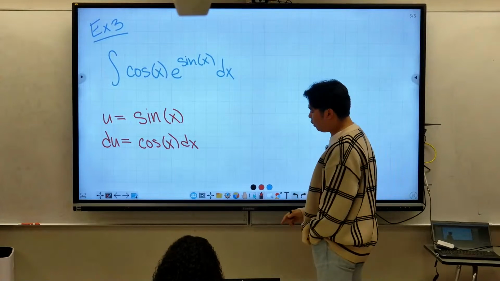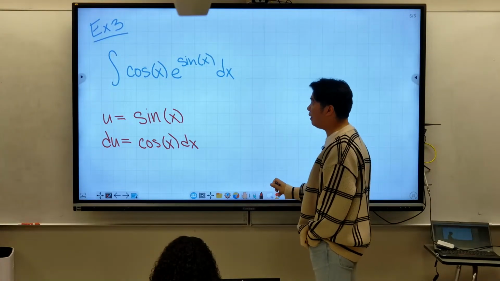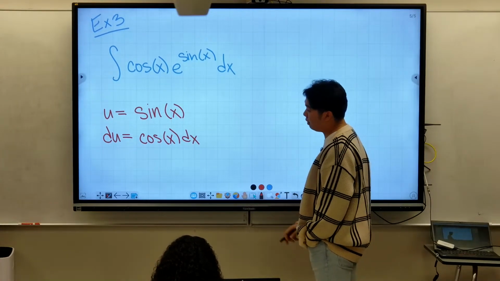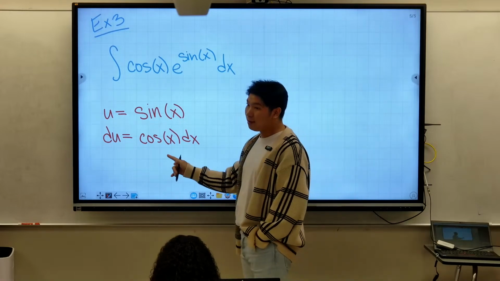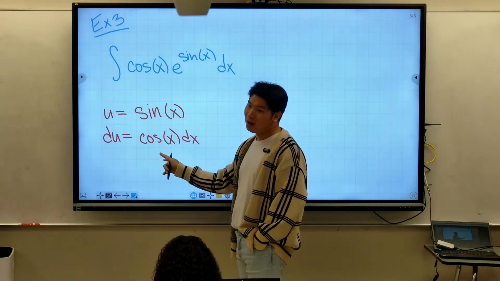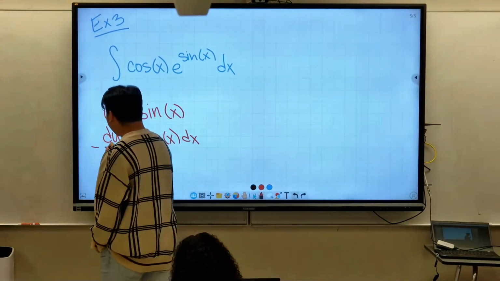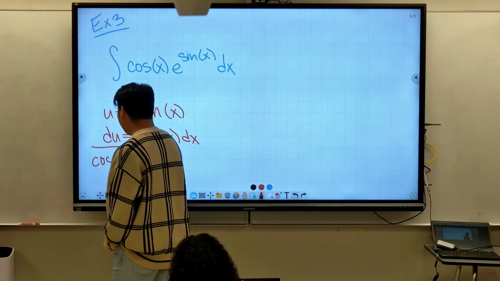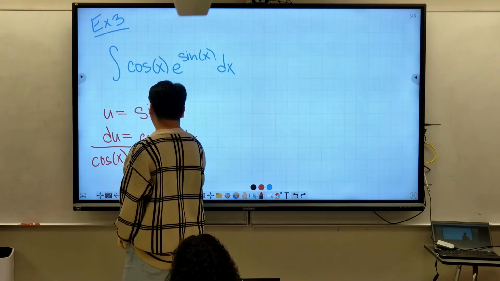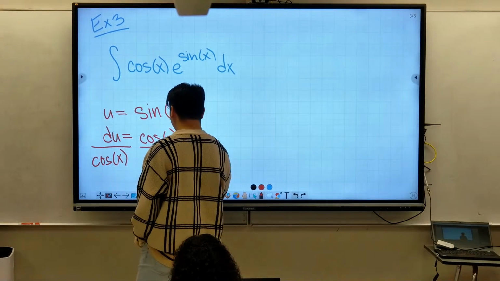All right, and just for practice, let me try to solve it in the same way I did as example 2. Let's say I just want to solve for dx here. If I want dx alone, I can divide by cosine of x on the left and the right. I know it's not really necessary for this problem, but it's good practice.